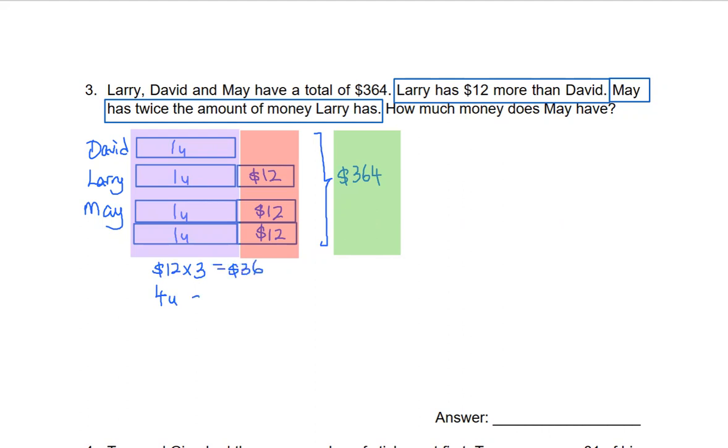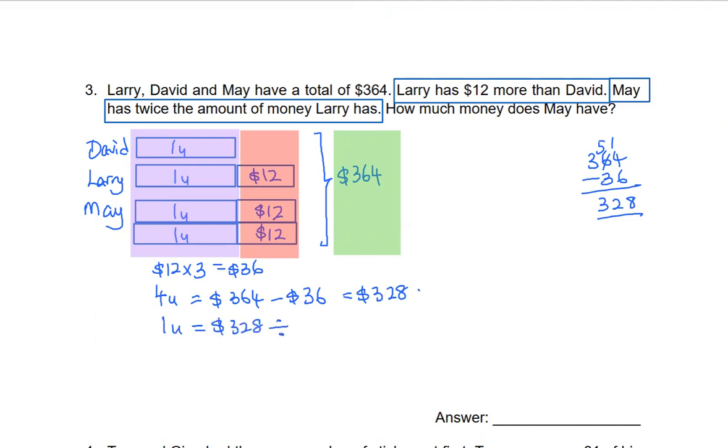So 4 units will therefore be 364 take away the extra $36, the red part, and that will give me, let's do the working, 328. So $328 is 4 units, and if I know 4 units, I can find 1 unit, which is 328 divided by 4.